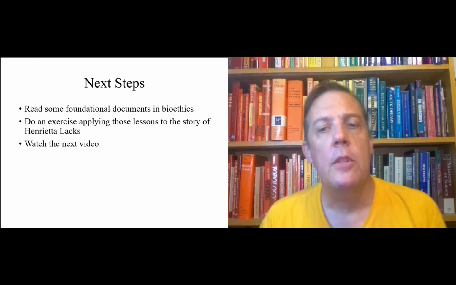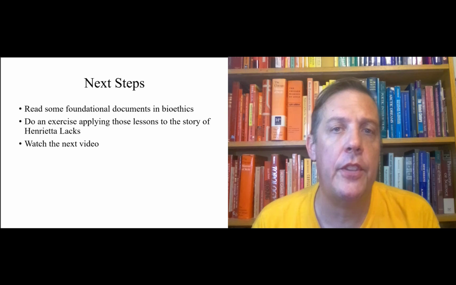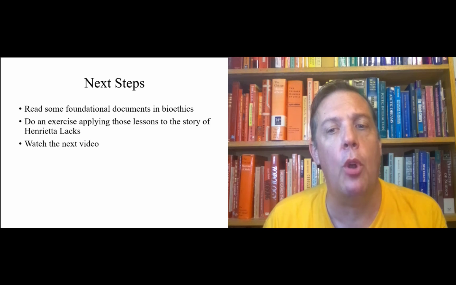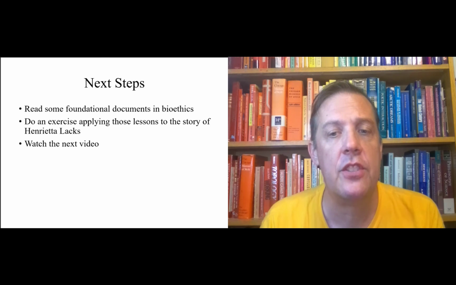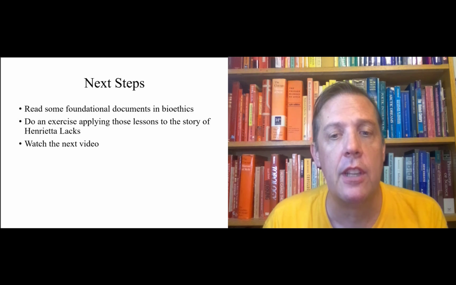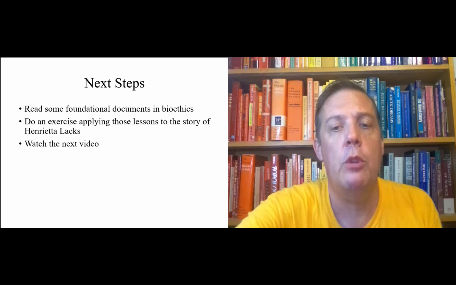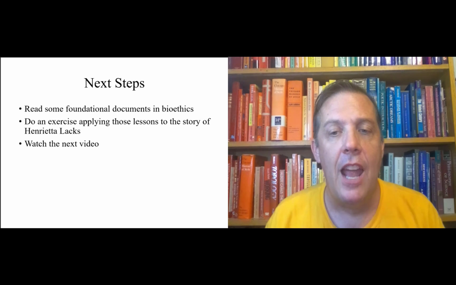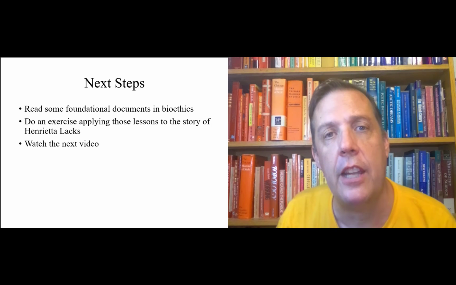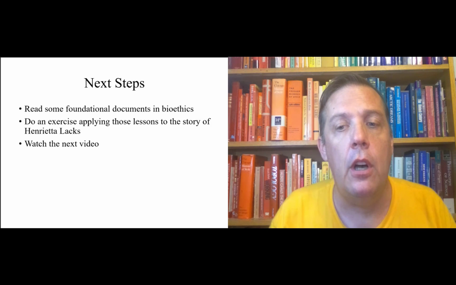So next steps. If you go to Class 3, you will see that the next readings are not from The Immortal Life of Henrietta Lax. They are some foundational documents in bioethics, including the Nuremberg Code, the Helsinki Declaration, and most importantly, something called the Belmont Report, which was written in the 1970s and became the foundation for how we talk about ethics and medicine in the United States and actually worldwide.